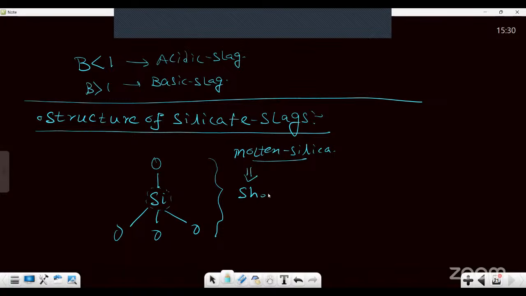Short range order is there, but long range order is lost in molten silica. Now the viscosity is very high in this case.